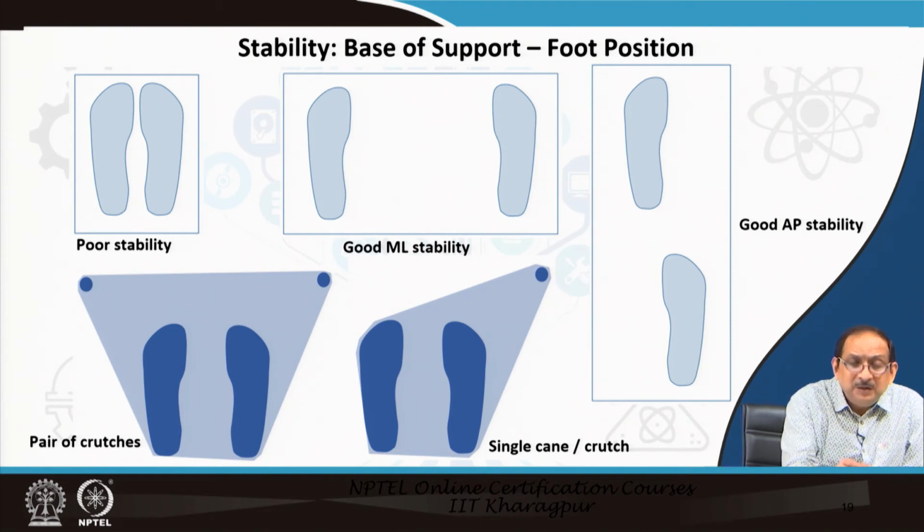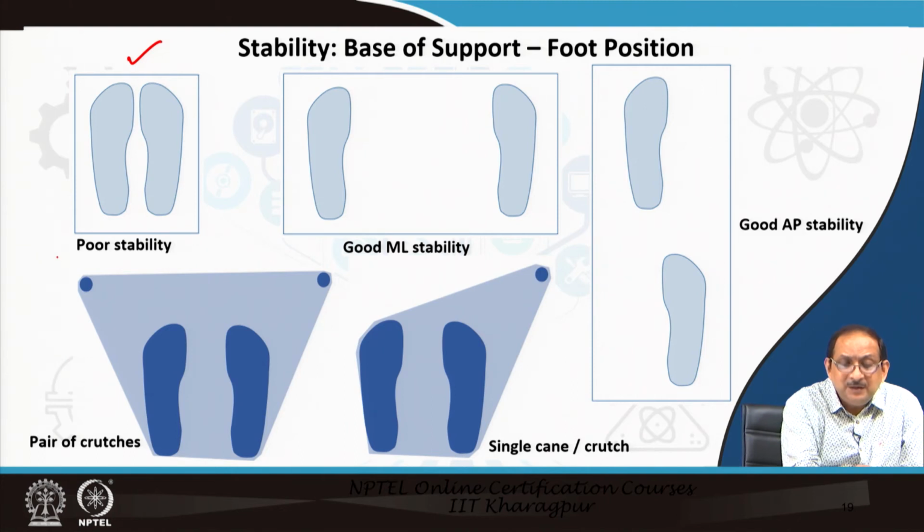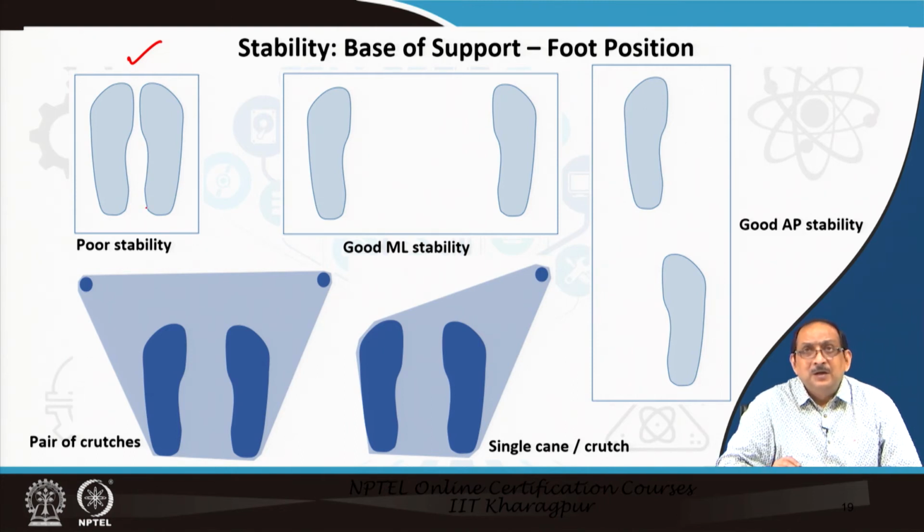When the two feet are very close to each other, it actually is offering poor stability. So, this first position, where the two feet are close to each other, is an example of poor stability.